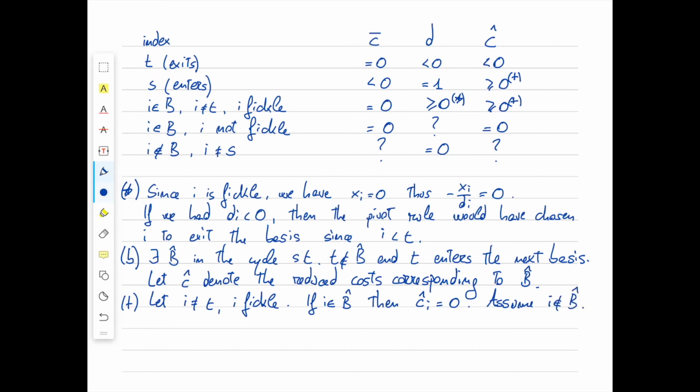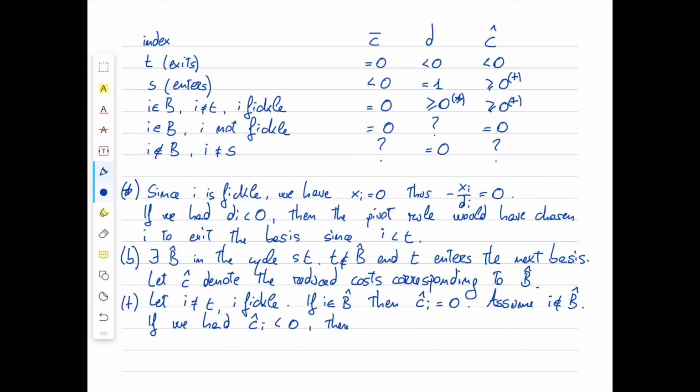We prove it by contradiction. So if we had c hat i strictly smaller than 0, then my pivoting rule would have chosen i to enter the basis, because in this iteration we have that t enters the basis, but since i also has a negative reduced cost and is a smaller index than t, then the pivoting rule should have chosen i instead.